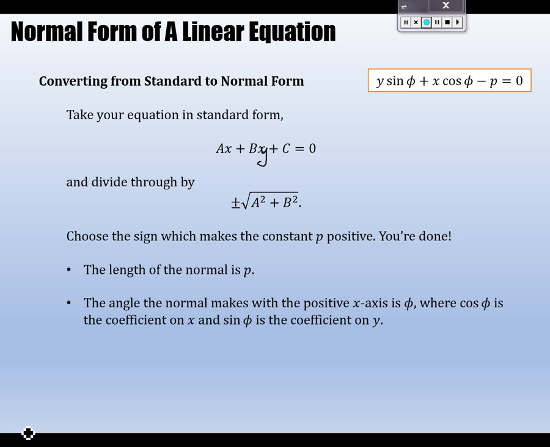Again, all of this comes from the red box up there. Once we have it in that form, whatever the coefficient is on x and on y, we know that's got to be the cosine and sine of our angle. If we know the cosine and sine of our angle, we should be able to get our angle no matter where it is. You might have to use a calculator. That'd be okay.